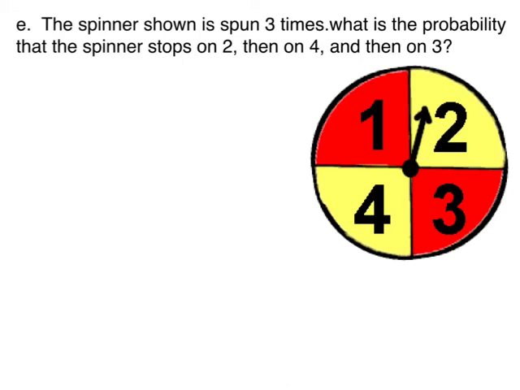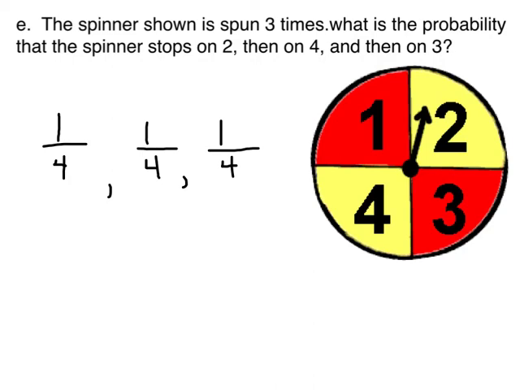Okay, here we have a spinner. The bottom number of our fraction of this particular spinner is 4. It's spun 3 times. What is the probability that the spinner stops on 2, then 4, then 3? There's only 1 2 out of the 4, 1 4, and 1 3.